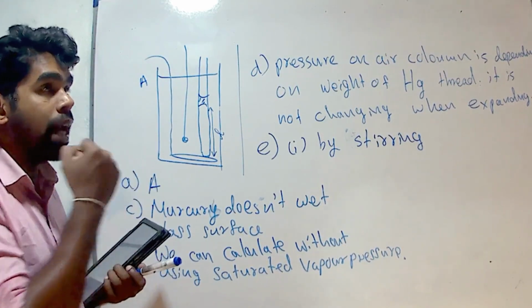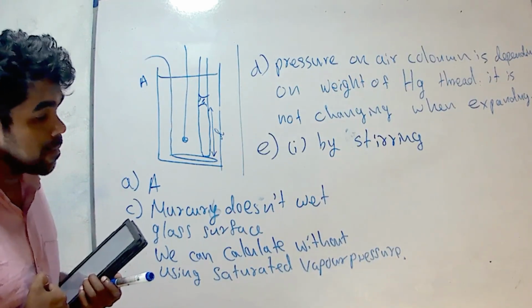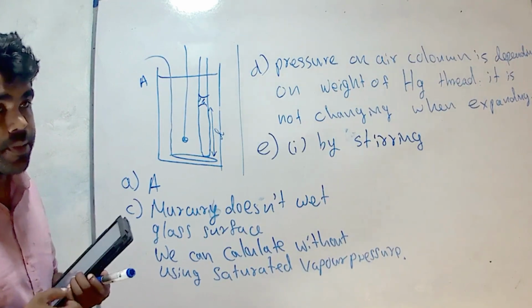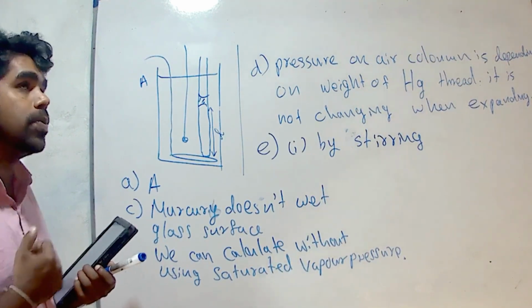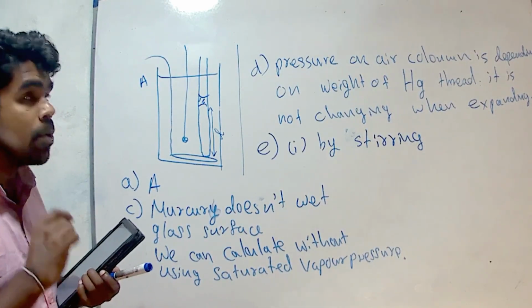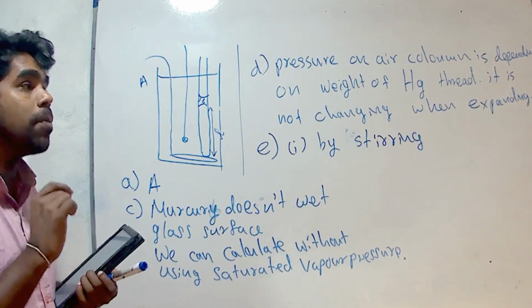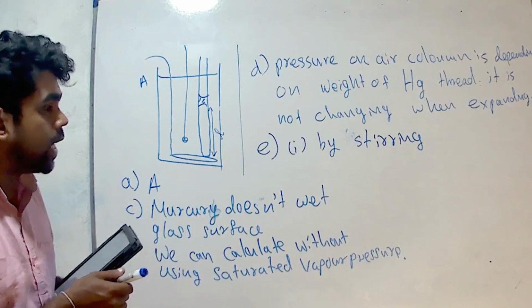Then we can move out the Bunsen burner to get the correct temperature again. We have to give time to cool the system down to 30 degrees and we can get the corresponding length reading.